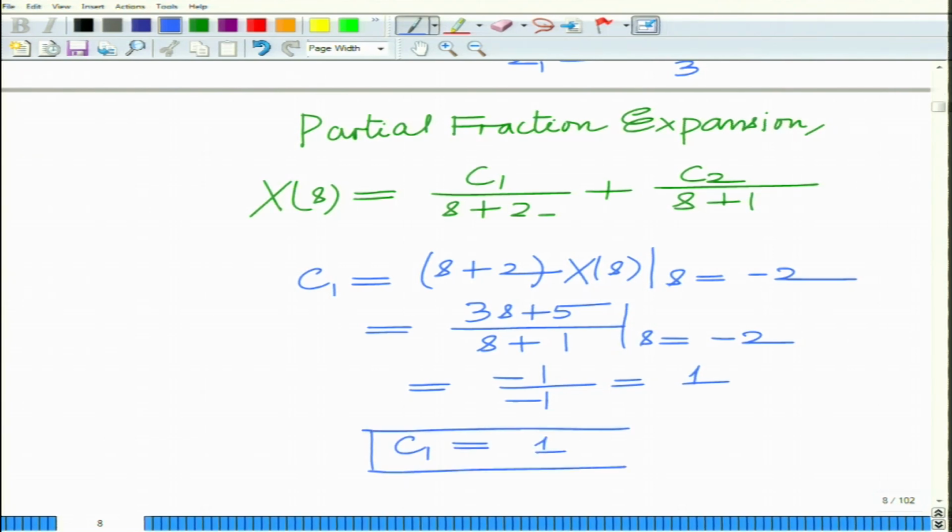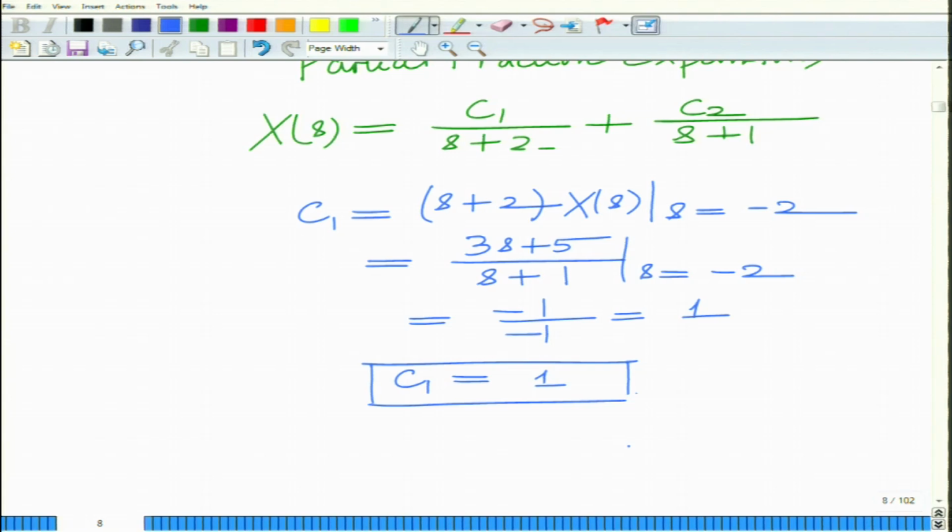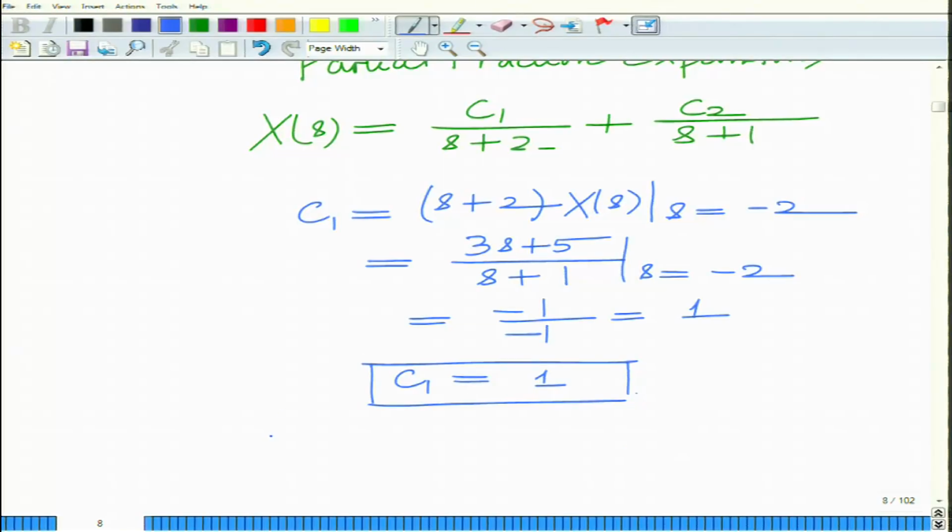You can see that C1 is equal to 1, the coefficient corresponding to the pole P1 equals minus 2. Okay. Now, C2 can be evaluated in a similar fashion. One can evaluate C2 as (s plus 1) times X(s) evaluated at s equal to minus 1.